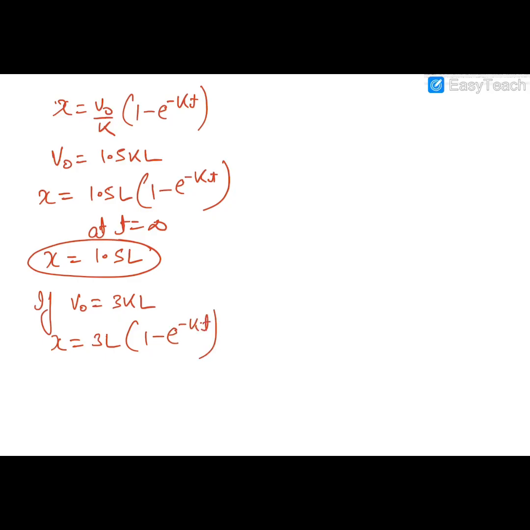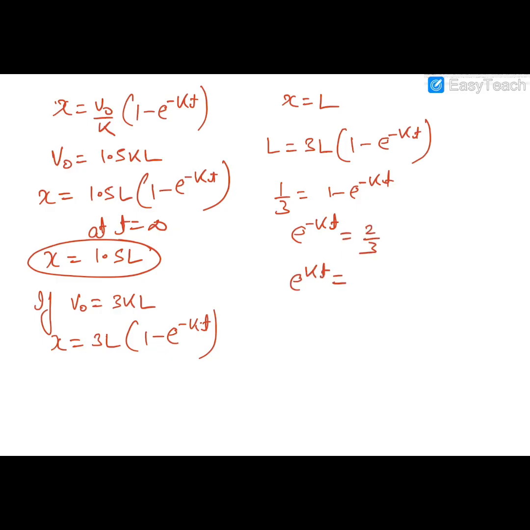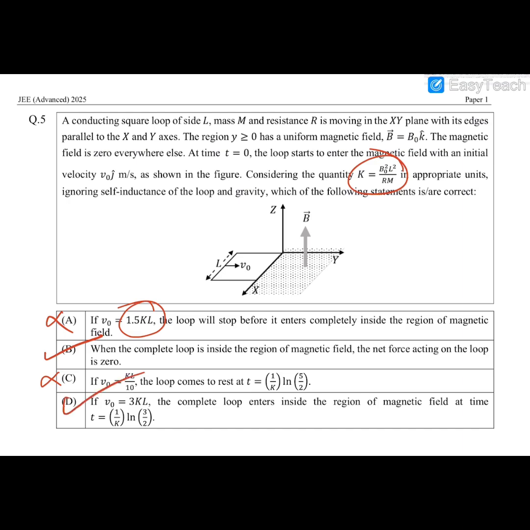And when this loop will completely enter the magnetic field, x will be equal to L. So L will be equal to 3L into 1 minus e to the power minus kt, and 1 by 3 will be equal to 1 minus e to the power minus kt. So e to the power minus kt will be equal to 2 by 3, and e to the power kt will be equal to 3 by 2, and t will be equal to 1 by k ln 3 by 2. So the correct answer will be B and D.